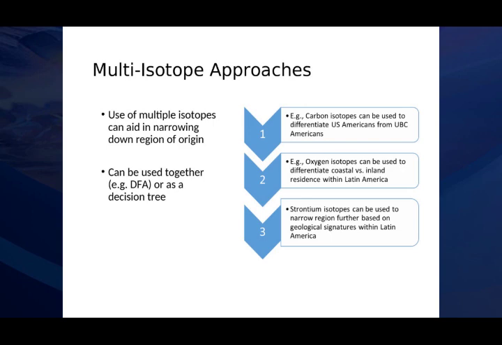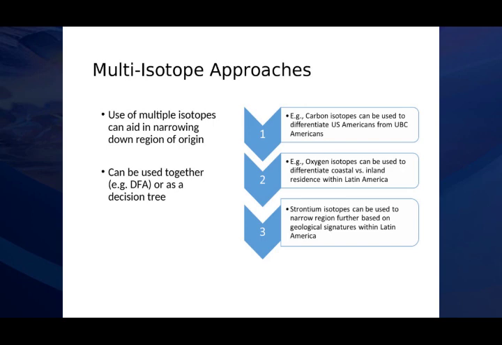So we have found that carbon isotopes can be used to differentiate between US Americans and undocumented border crossers in most cases. Much like we found that carbon isotopes could differentiate between Southeast Asian individuals and US Americans. And this just reflects differences in C4 versus C3 food consumption.